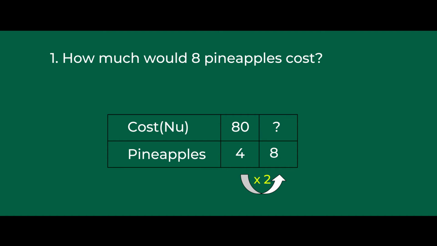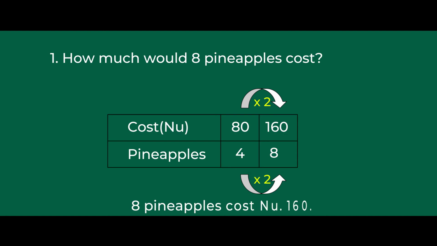Now what should we do to find the cost of 8 pineapples? Yes, we are going to multiply 80 times 2, and when you multiply 80 times 2, you get 160. So the cost of 8 pineapples is Newton 160.